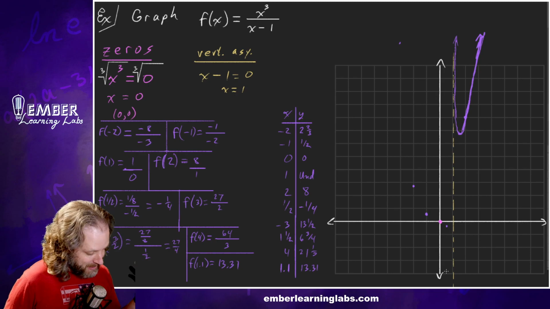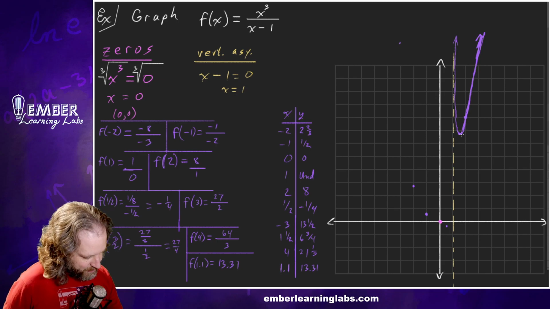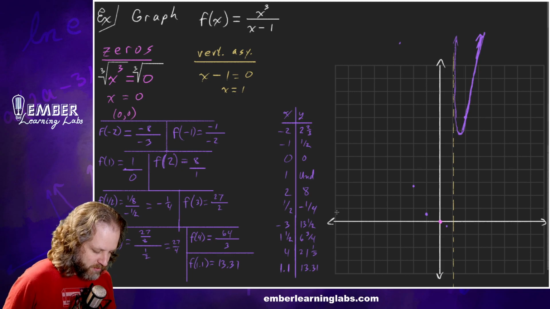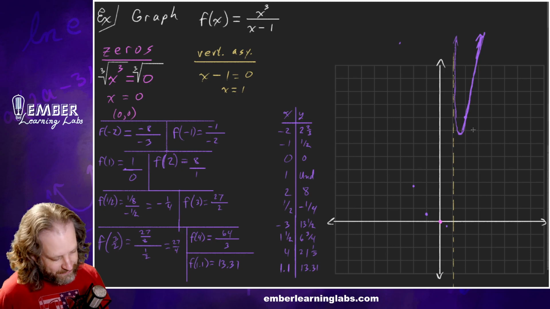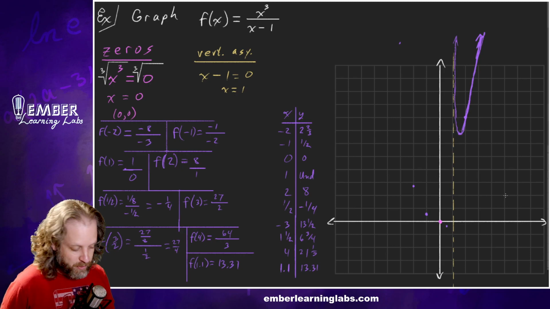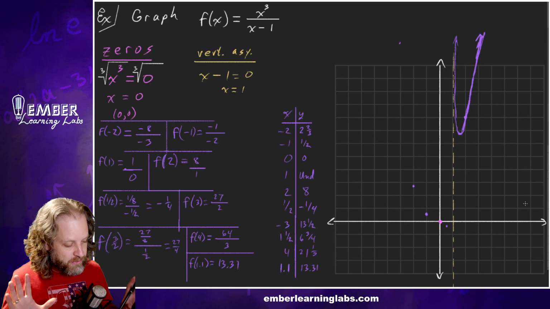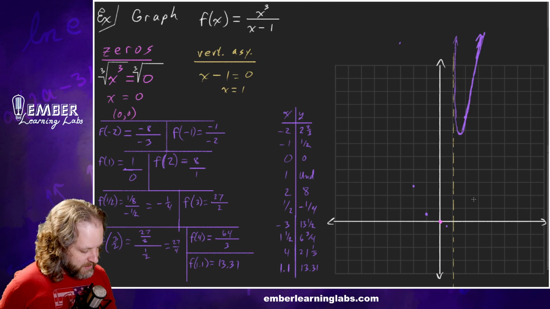There's no way that was ever going to happen, right? And so we're going down, and then it was still down with this one where we got 6 and 3/4, right, for 1.5, but it had to turn back up at some point because there weren't any zeros over here, right? So that's how I knew something was up, and so that's what went on with that.